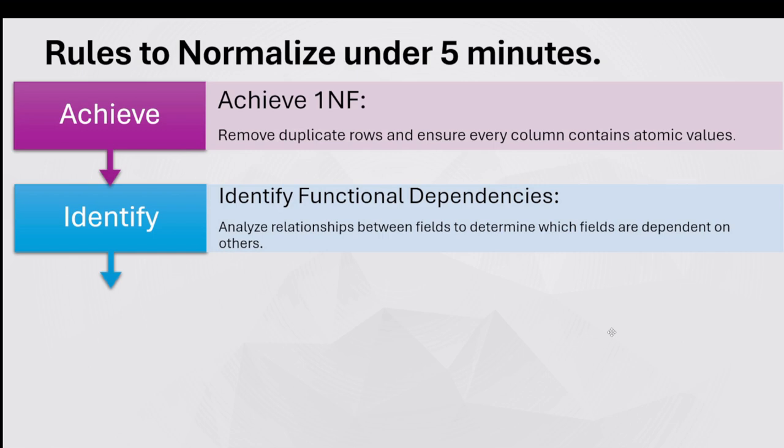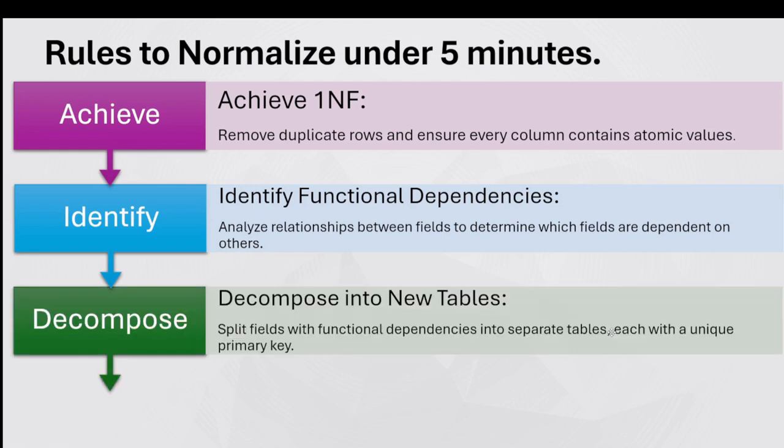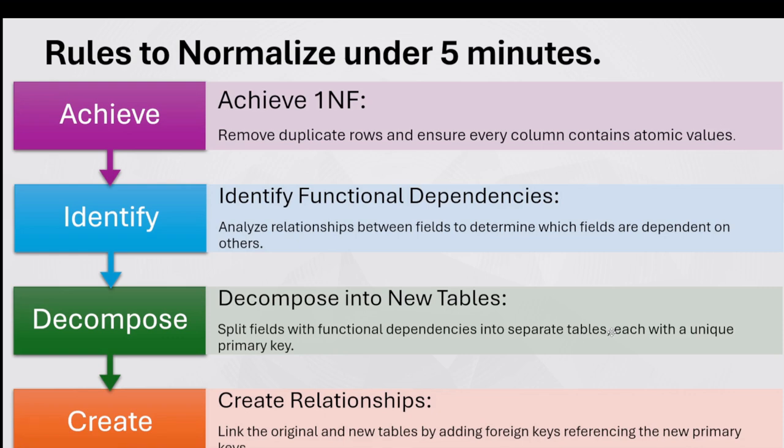If you're able to identify functional dependency, then it means that you decompose a table into new tables, and then you establish relationships between the tables. However, if you are not able to identify any functional dependency between the tables, then it means that the table is normalized.